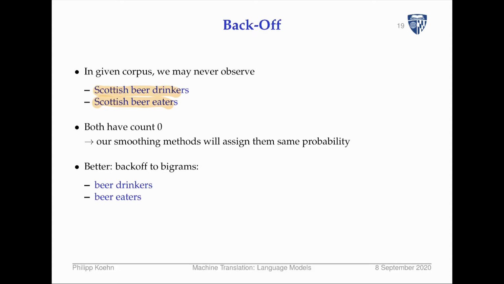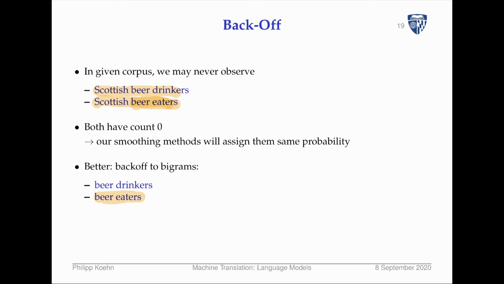But our sense, looking at these n-grams, is that we don't really like these beer eaters at all. So why don't we base our estimates not on Scottish beer eaters, but just on the bigram? Instead of doing our assessments over the trigram Scottish beer eaters, why don't we just go by the bigram? This is the idea of back-off.